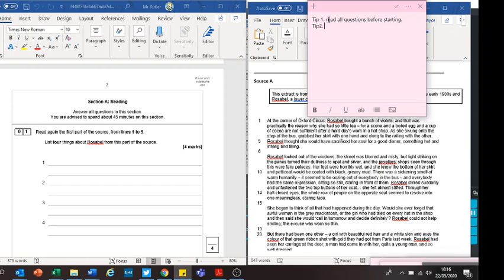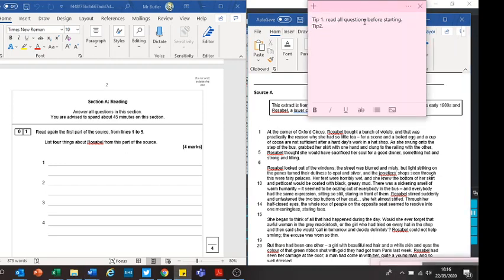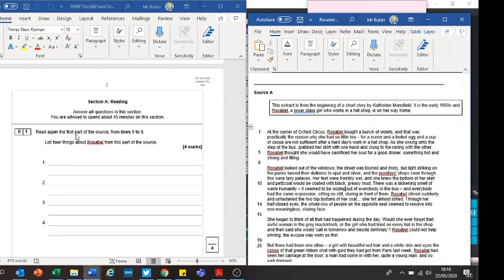As you'll see, each of the questions wants you to do something very different. And if you read all 4 questions before you even start, you'll be thinking ahead to the harder one at the end. So question 1, read again the first part of the source from lines 1 to 5.